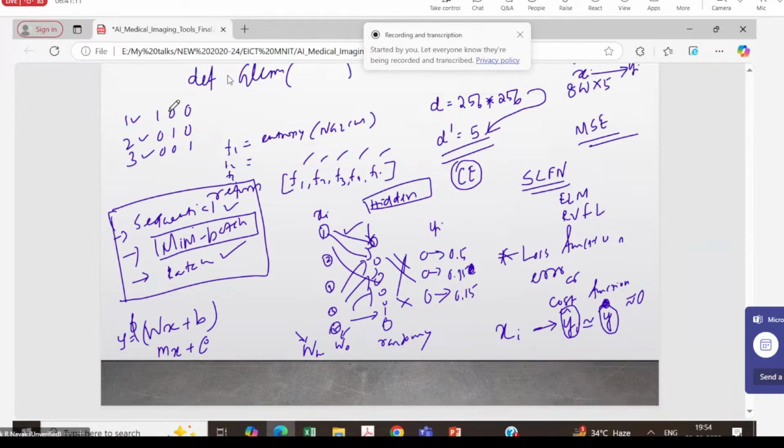This is how I represent every label in the form of one-hot encoding. Now this is the target value; 1 is no longer the target, it has been converted into 1, 0, 0. And the mean square error basically tells us how much y cap deviates from the original y.